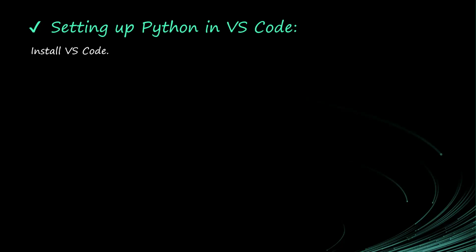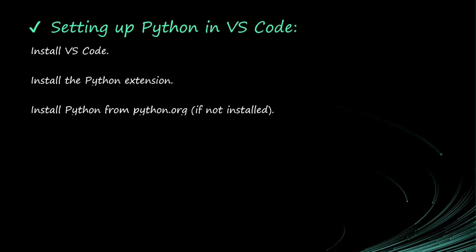If you want to work with Visual Studio Code, you can just Google Visual Studio Code download. They will direct you on how to install it. Once you install it, you can install Python extensions. You can install Python from python.org. That is where you install it. But I'm not going to talk about that. Like I said, we already have the IDLE.